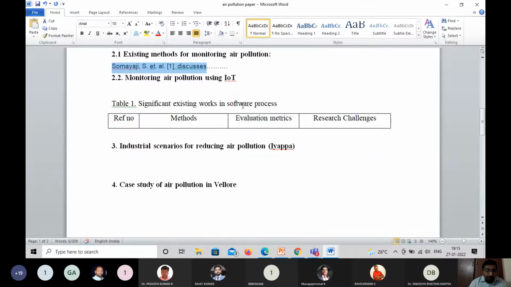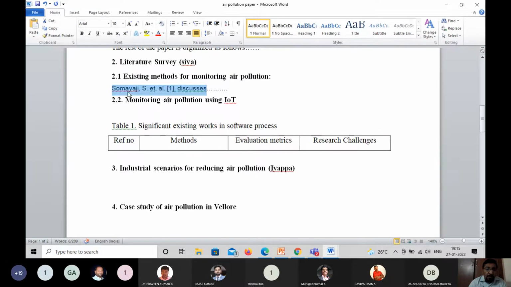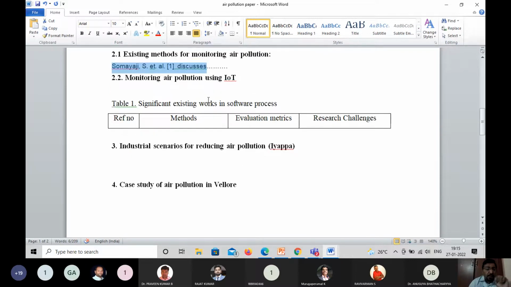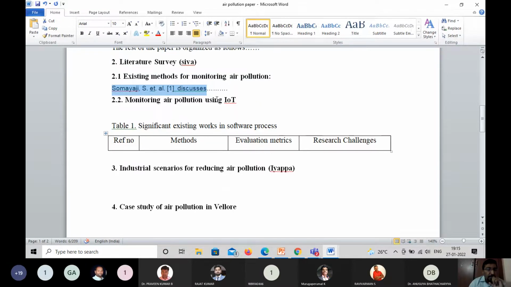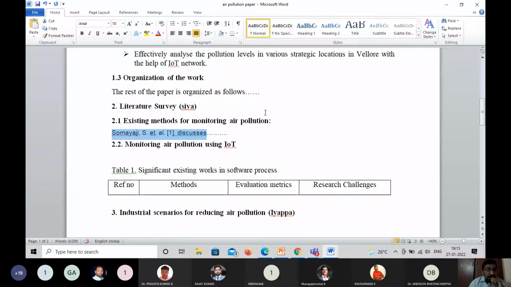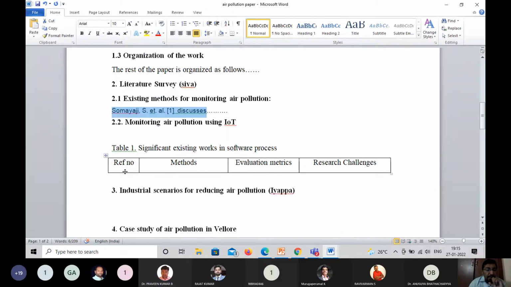And another important thing which is missing in most of the papers is, once we complete the literature survey, let us not leave it like that. It should not be just so many paragraphs and paragraphs. Let us also highlight some of the significant works. Let us put that in a table.